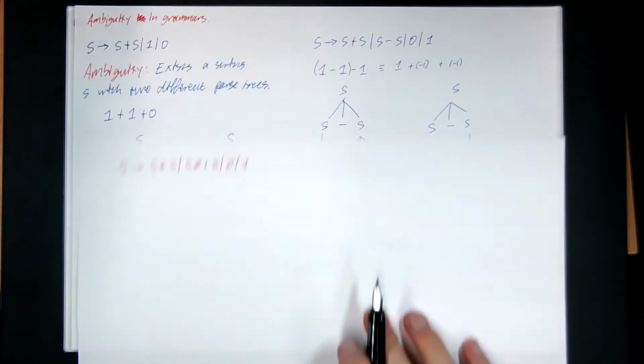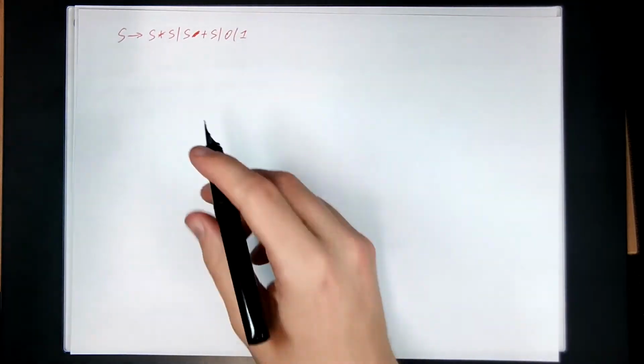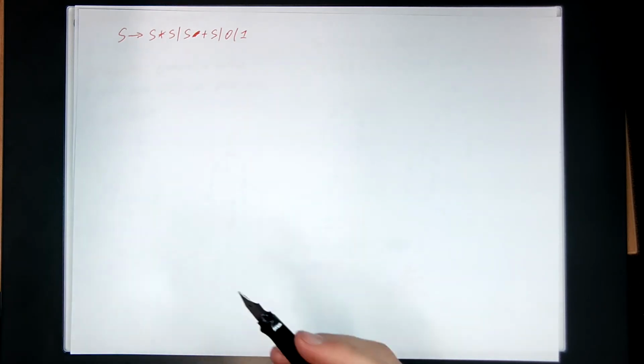Well, we can make it left associative, as we did before, by ensuring you can only have a branch on the left. And we can enforce order of operations by doing the addition at the top, so doing the additions first, and then doing the multiplications in the second layer of production rules. That way the multiplications will be at the bottom of the tree, and they'll be evaluated first.